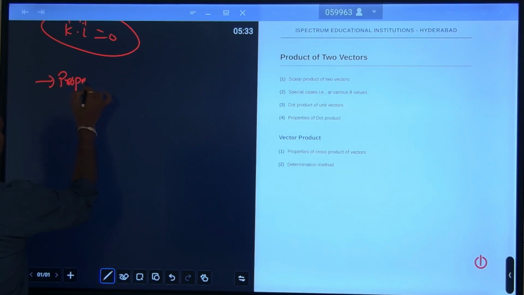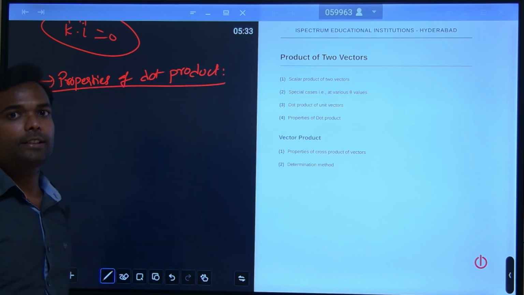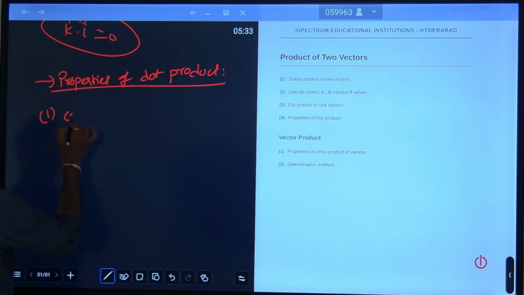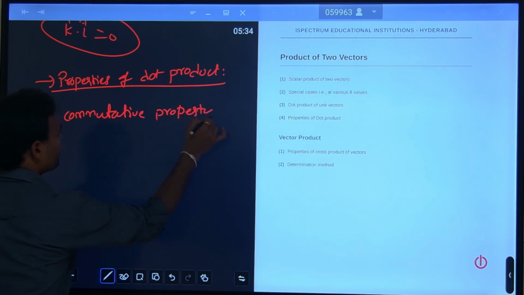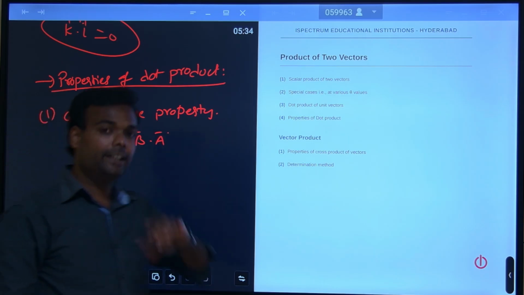Then next one is properties of dot product. Number one, commutative property. That is a dot b is equal to b dot a. It is possible in dot product.